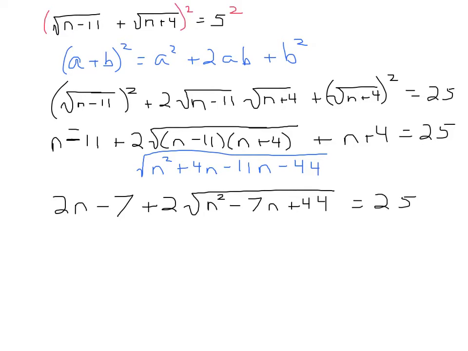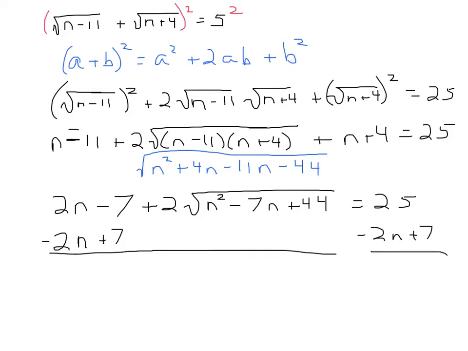So now we have a new problem, essentially. We need to get our radical term by itself. So we're going to subtract minus 2n, add 7 to both sides. And we get our radical term on the left, n squared minus 7n plus 44, equals, and then 25 plus 7 is 32 minus 2n.